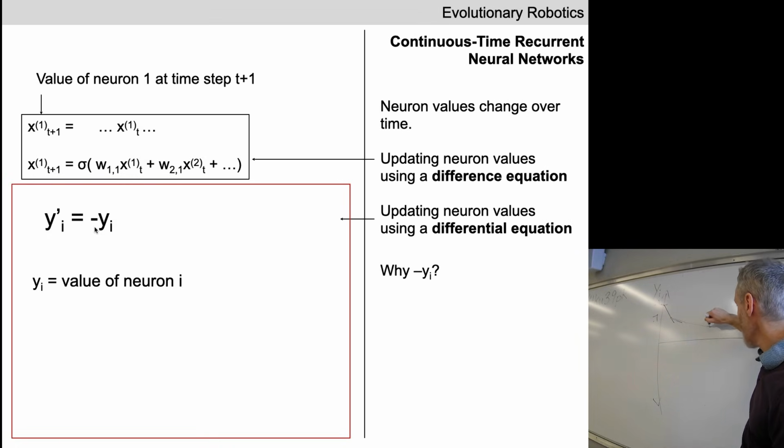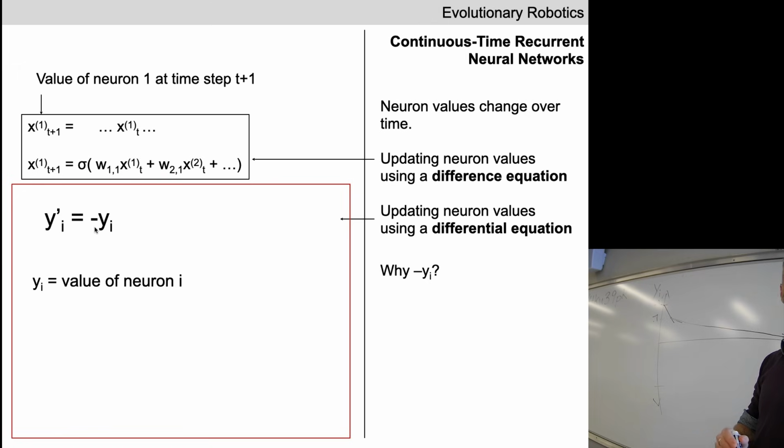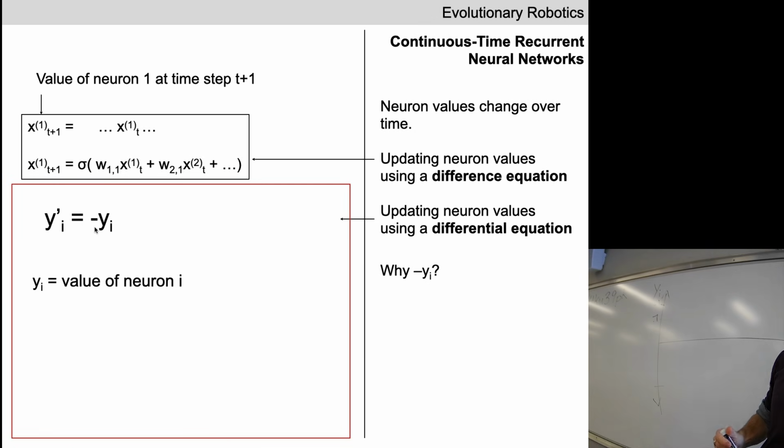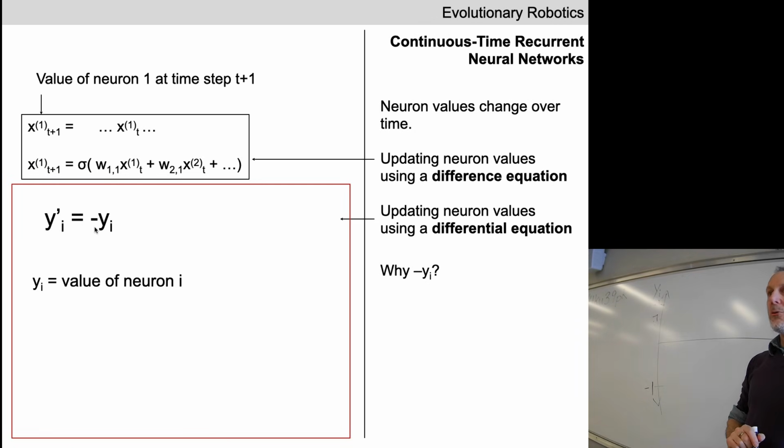We get an exponential decay. It approaches 0, but never reaches it. Everybody see that? Okay. Let's look at another example. Let's imagine at another moment in time, for whatever reason, the ith neuron inside the CTRNN has a value of -1. Now what happens?